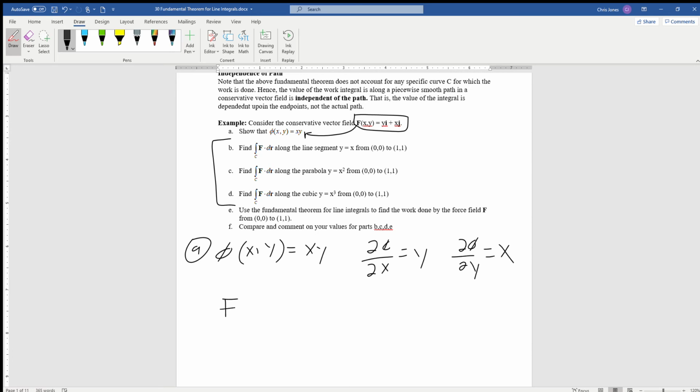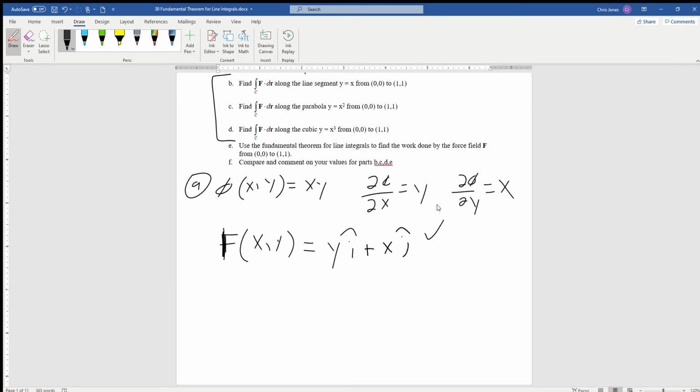So, just like we saw in the very first section, the conservative vector field, in this case xy, is going to be equal to y i plus x j. Right? And that's exactly what we wanted. Right? So that's how we can verify, just by finding the partials and then sticking an i and j in front of them.